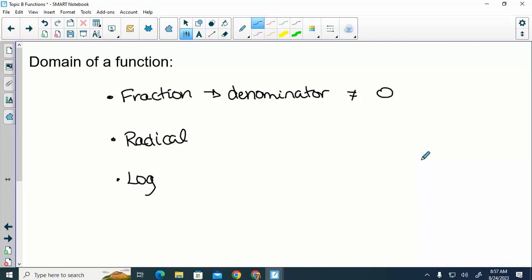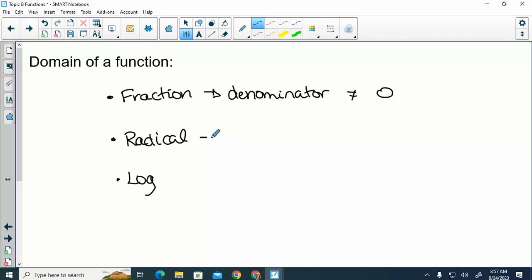All right, with a radical, not all radicals are a problem. Which ones do we have to worry about? Do I have to worry about square roots? Can you do the square root of every possible number? No. What happens if I give you the square root of -4? It's imaginary. Can you do the cube root of negatives? Yes.